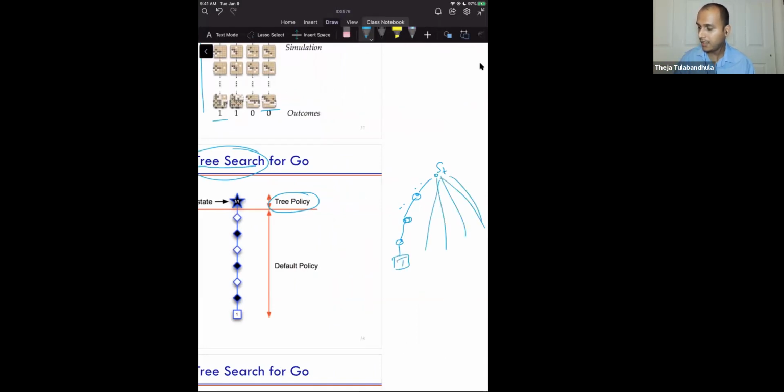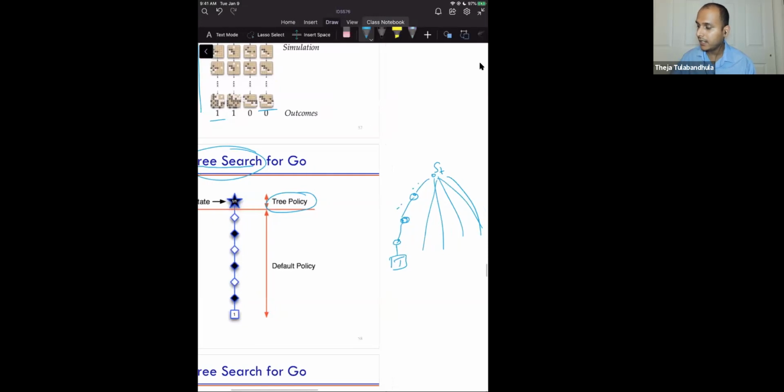Monte Carlo tree search is just saying in the search tree, I'm going to somehow partition the search tree into 2 parts, and the part that is important to us is the part which includes the root, the state ST, where I'm going to do a somewhat intelligent search. So I'm going to use a different policy.